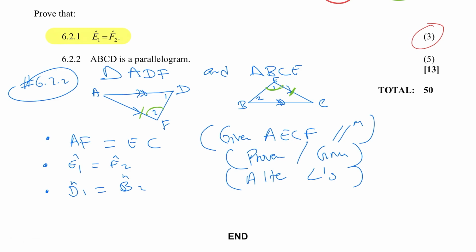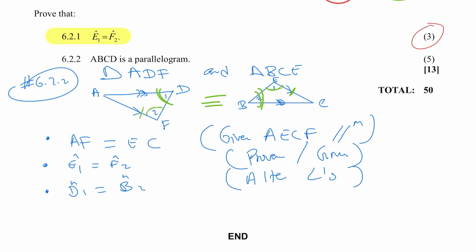And now we have a situation where these two triangles are similar, right? Why? Because you have a side and angle situation.